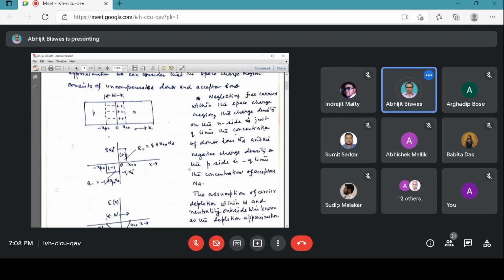Therefore, total donor atoms contained within this depletion region are A xn0 into Nd. q is the electronic charge. That is why the total charge within the depletion region on the n side, denoted by Q plus, is given by q A xn0 into Nd. Is it clear to all of you?